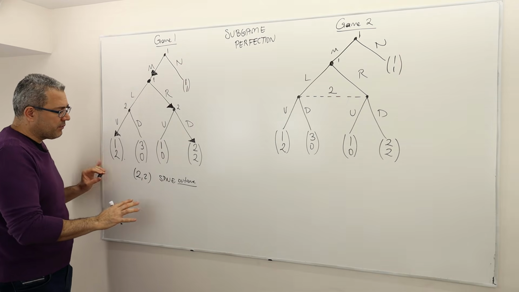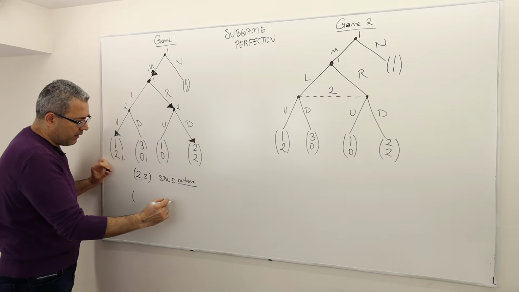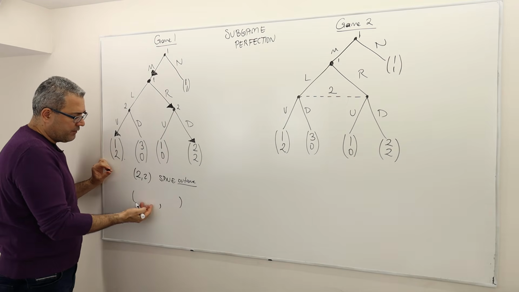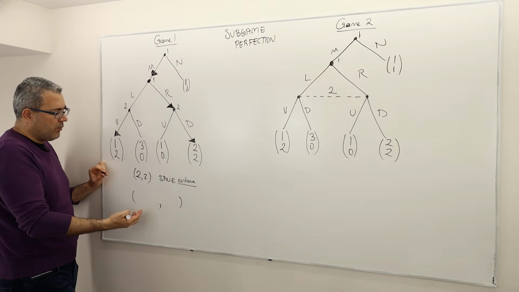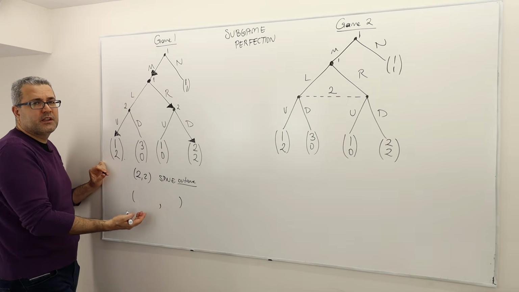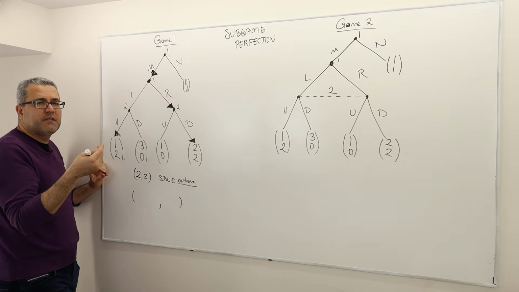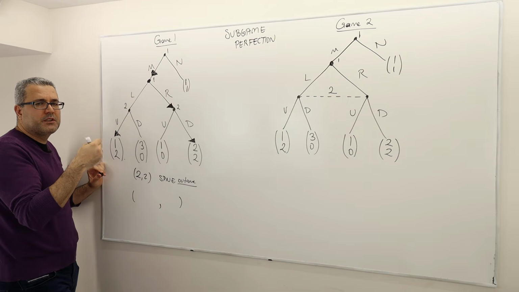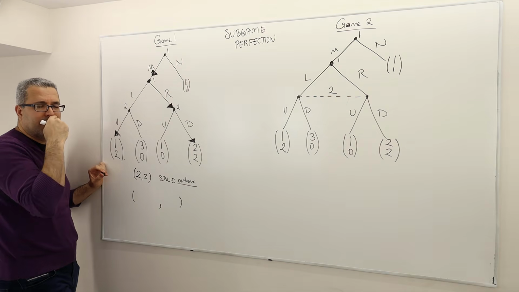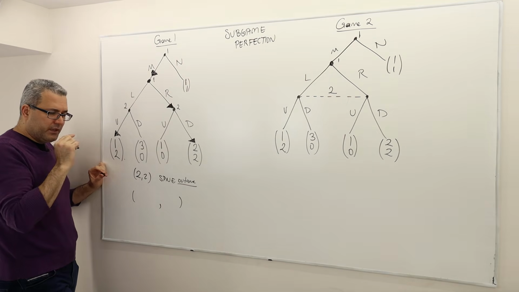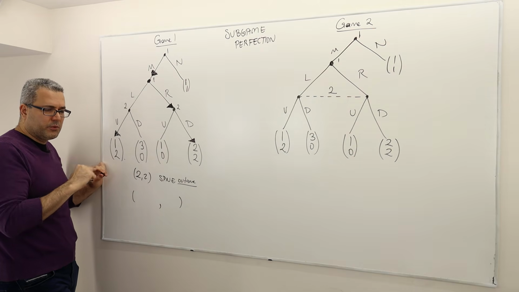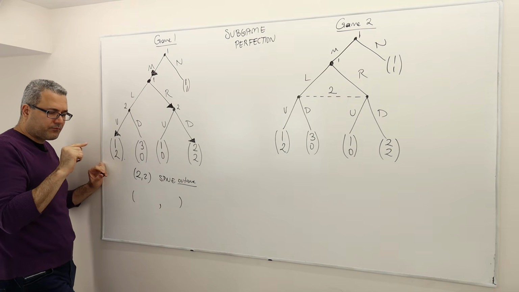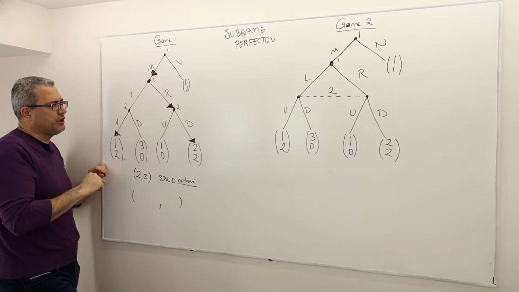Simple. Remember, a strategy profile is a strategy for player 1 and a strategy for player 2, because there are only 2 players. Each player's strategy is a function which maps every information set to an available action. Meaning, for every decision node of player 1, I have to put one action name.